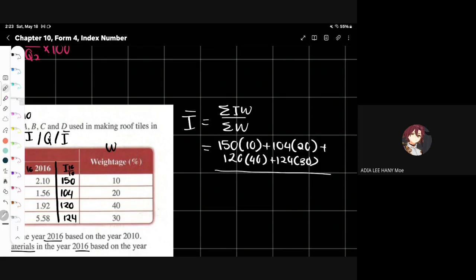It should be 100, because it's percentage. Of course, you can just add all of these, 10 plus 20 plus 40 plus 30, and you should get 100.